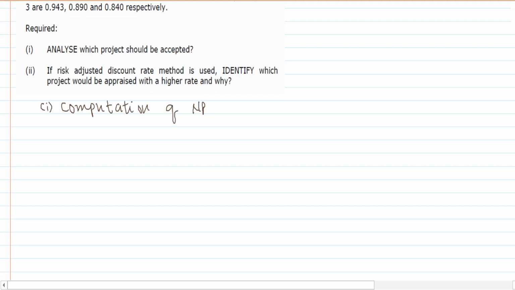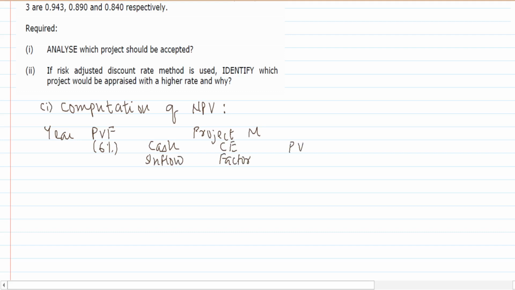Computation of NPV. Present value factor 6%. We say project M: cash inflow, CE factor, present value.